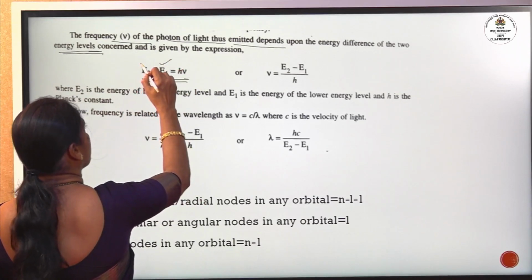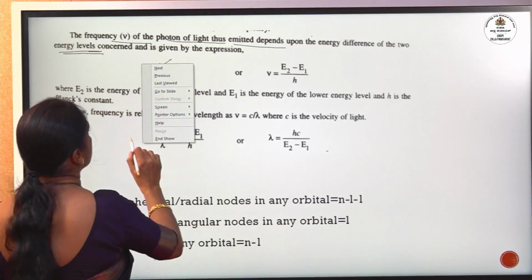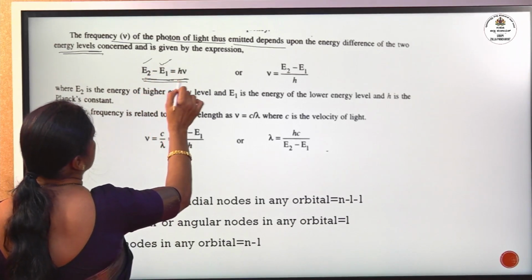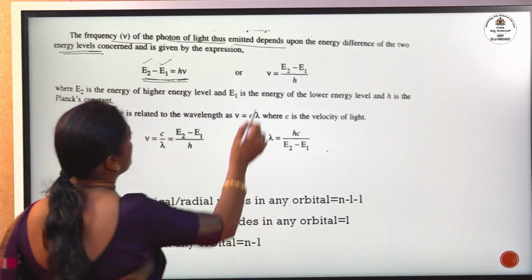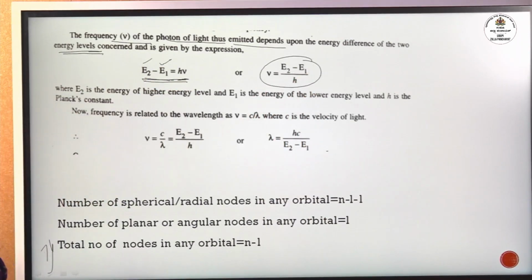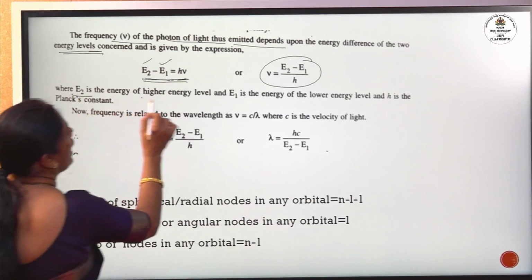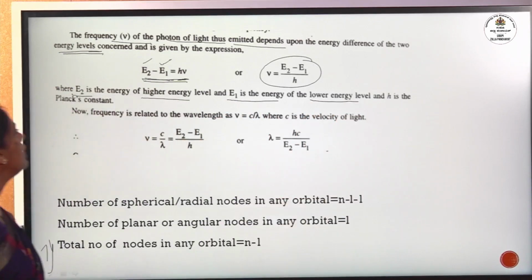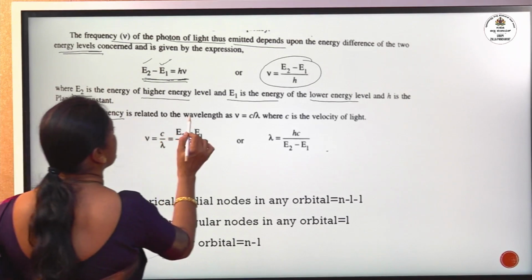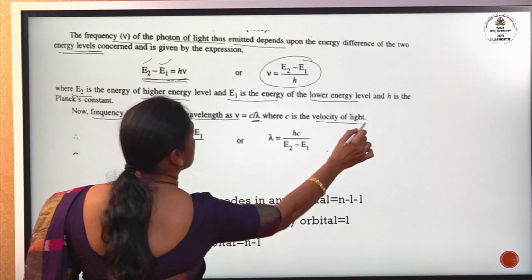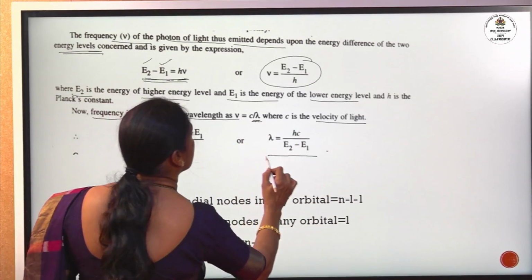For the second energy level, if we denote it as E2, then delta E, E2 minus E1, is h nu, or nu is equal to (E2 minus E1) by h, where E2 is the energy of the higher energy level, E1 is the energy of the lower energy level, and h is Planck's constant. Now frequency is related to the wavelength as nu is equal to c by lambda, where c is the velocity of light, or we can write the equation like this.